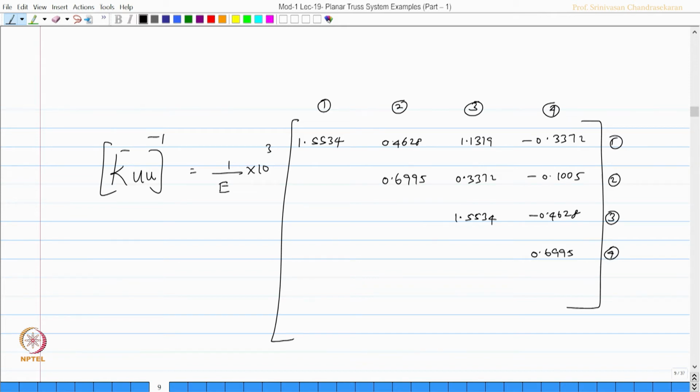Now, apply this equation to find the displacement in reference axis system as k bar u inverse multiplied by j l u bar.